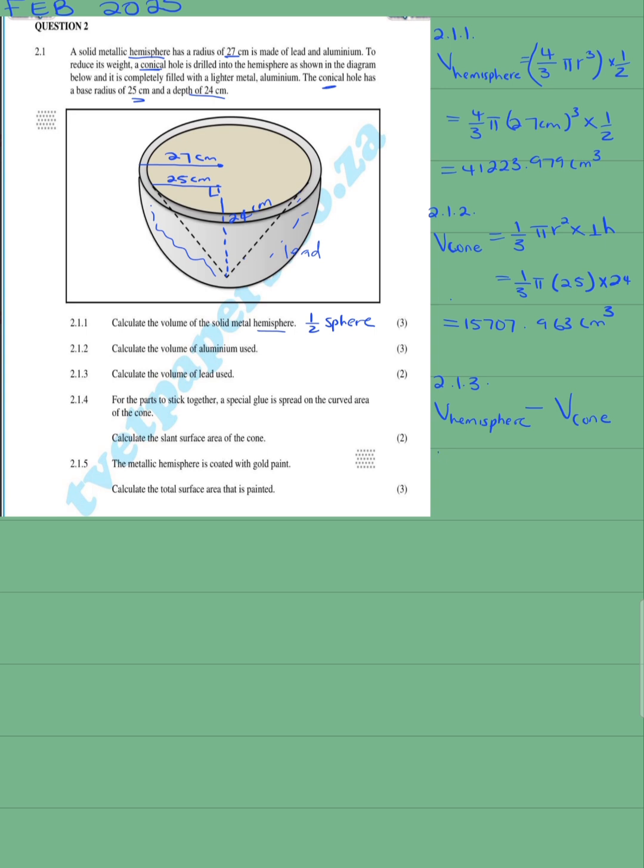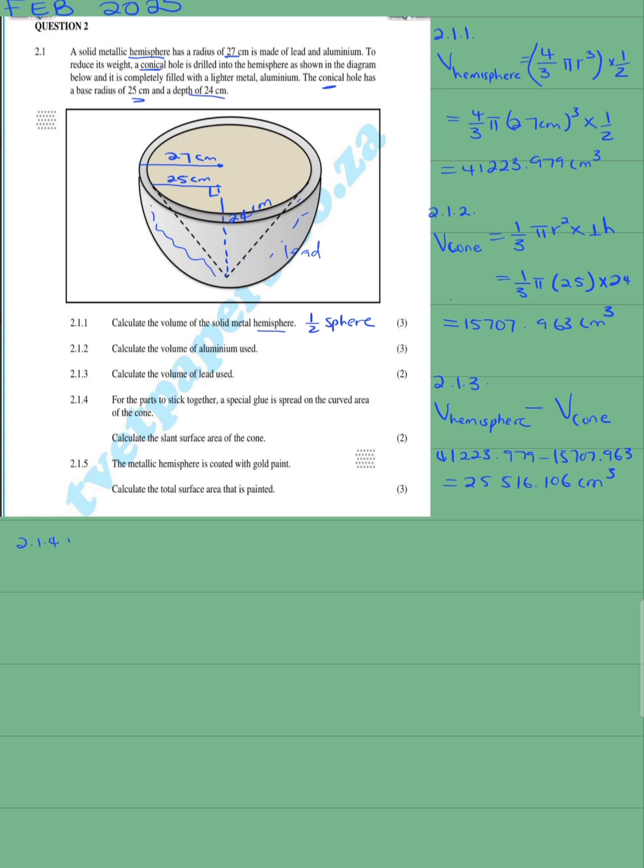That will give me 41,003,979 minus 15,707,963, and that gives you an answer of 25,296,016 centimeter cubed. Awesome.